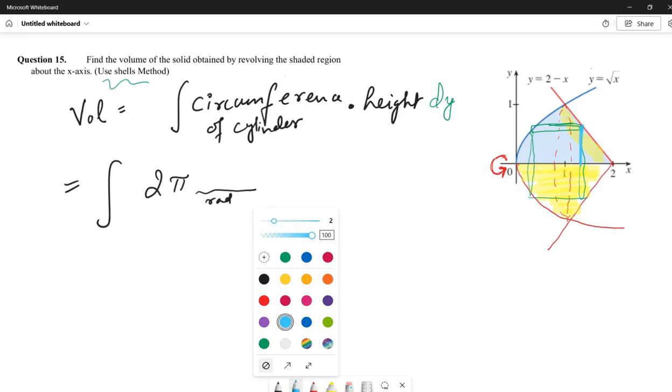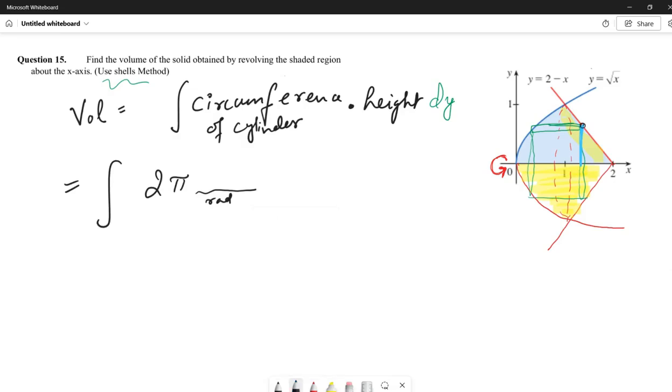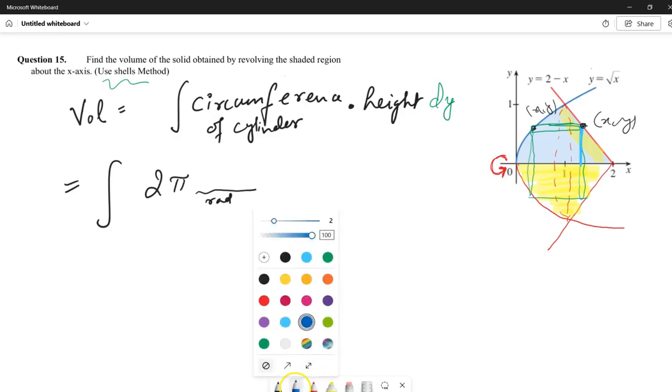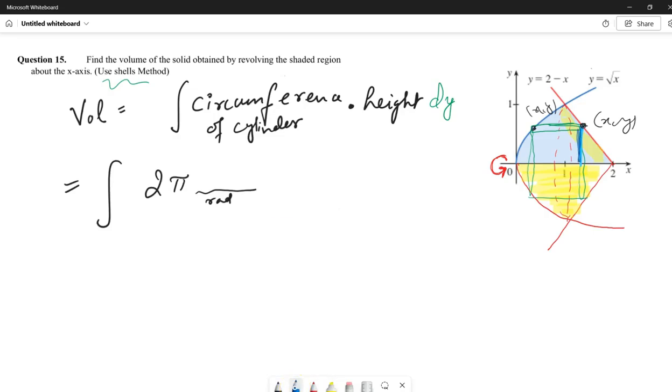Okay, if a point is there on this line, x y, and this is x y, the height here, this part, the radius of the cylinder is going to be given by the y coordinate. So here the radius is the y coordinate, times we have the height of the cylinder.